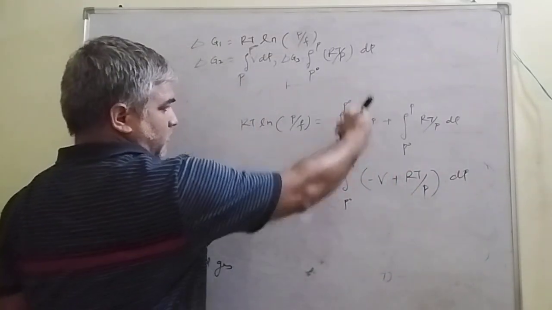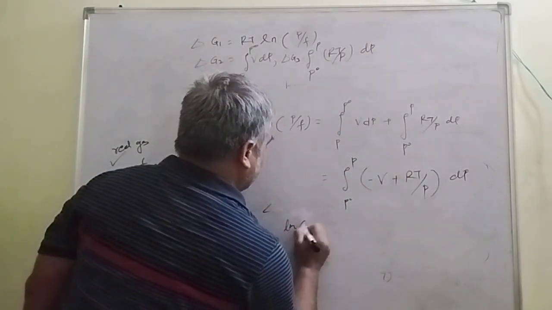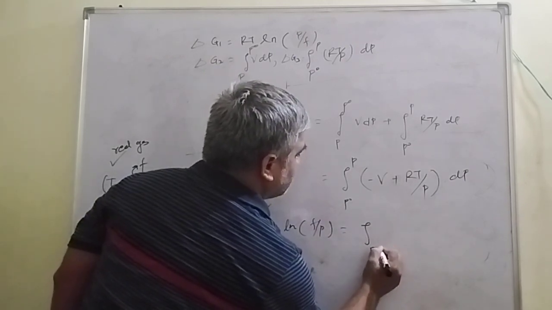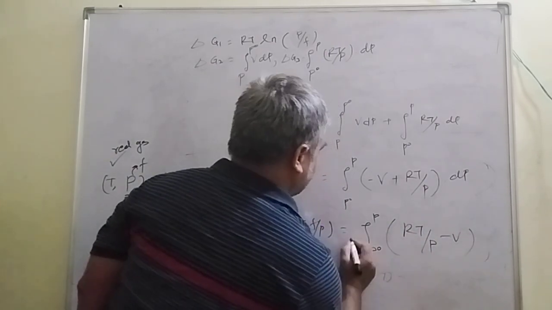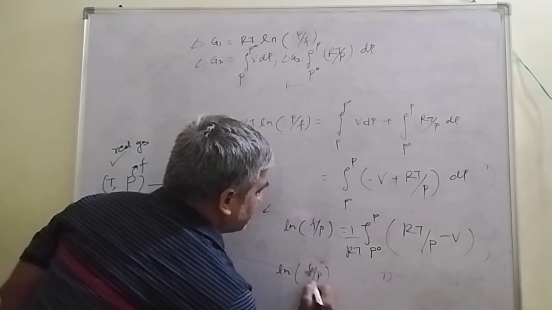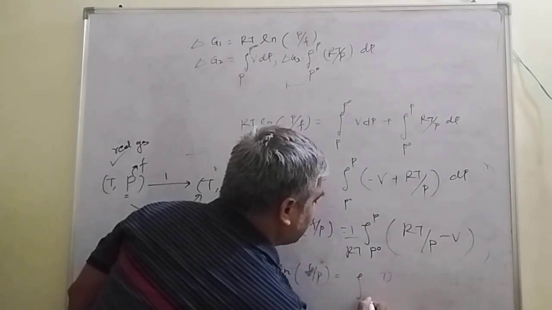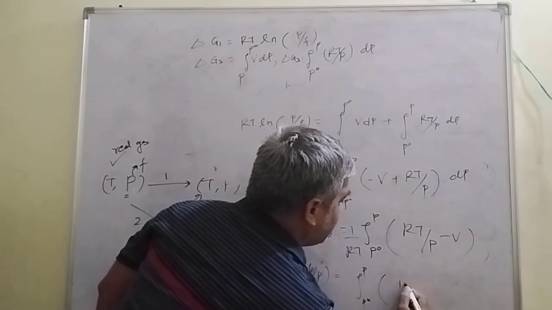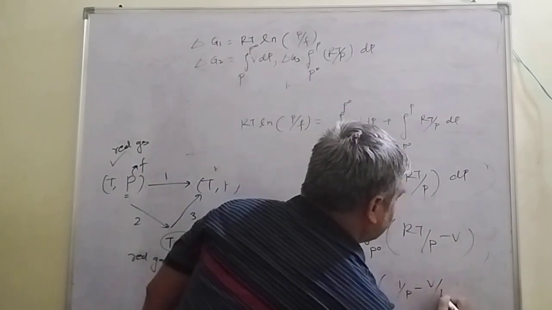I have changed the order of the limits of integration. So I can write the integral from P naught to P of V minus RT by P dP. Then ln of F by P equals the integral from P naught to P of 1 by P minus V by RT.